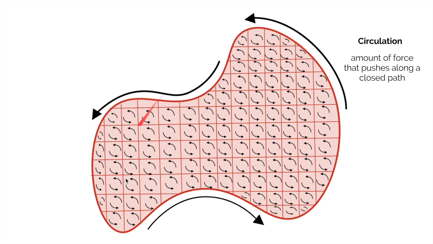And curl, as we've seen before, is simply the circulation per unit area, or the amount of twisting at a single point. If you think of microcirculations in the region, they'll end up canceling each other out, so that the only circulation that really matters is the one on the outside. And this is what we can see through Green's theorem.